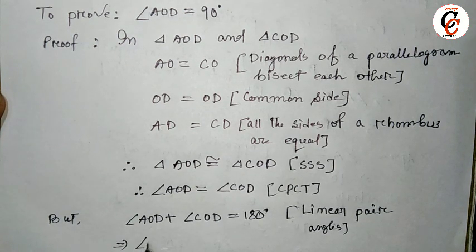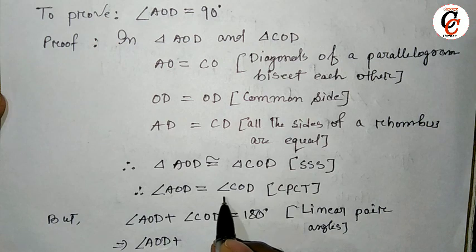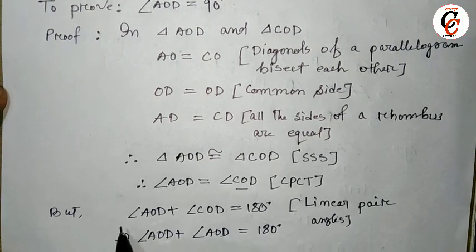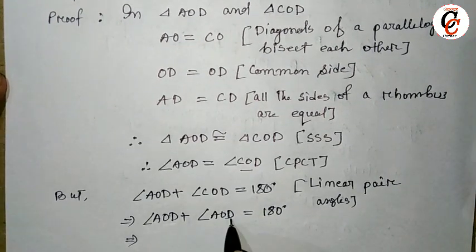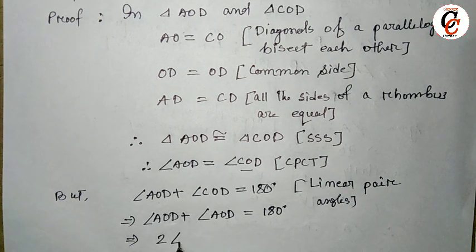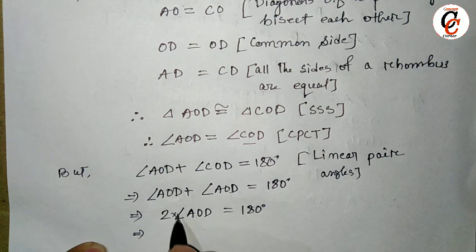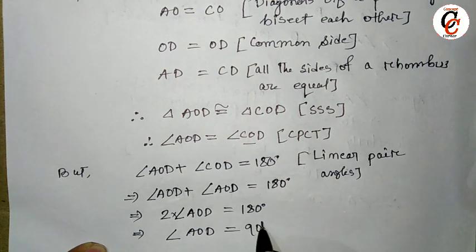Again, see, angle AOD and angle COD are equal. So in place of COD we can put AOD. AOD plus AOD, 2 AOD, is 180 degrees. Here 2 is multiplying, so dividing both sides by 2, we will get AOD is 90 degrees.